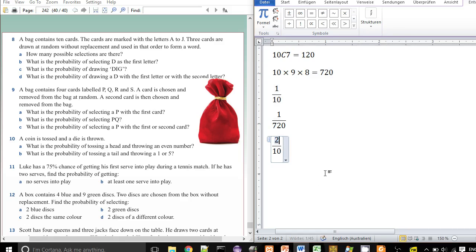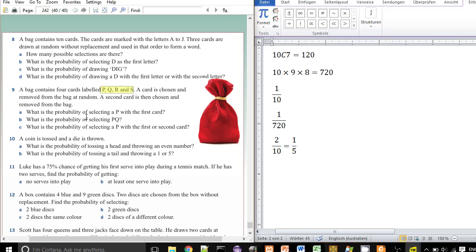So 1 out of 10 plus 1 out of 10 is 2 out of 10. Okay, let me just think if that's right. Chance of the first letter is 1 out of 10. Chance of it being the second letter is separate, also 1 out of 10. You can just add them. Yeah, that actually seems tricky. Simplify it. So there's a 20% chance that it's one of the first 2 letters. Okay, the bag contains 4 cards, BQRS.